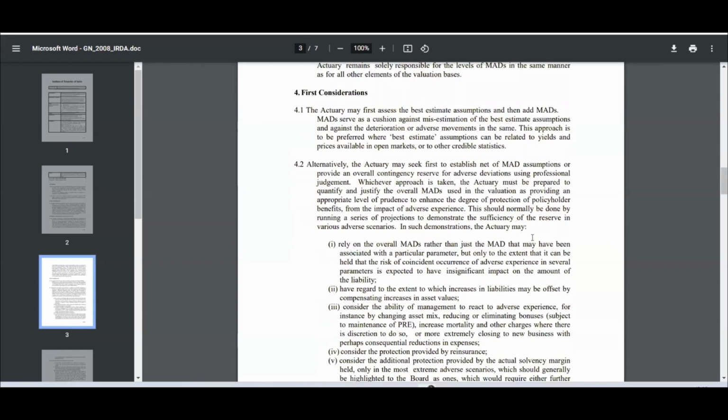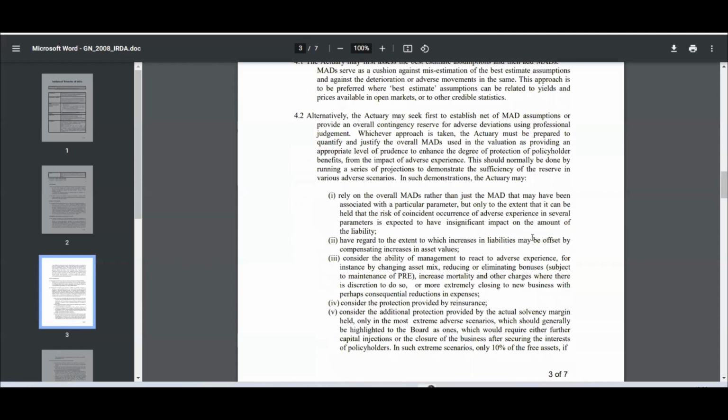First, the actuary might consider relying on the overall MADs rather than a particular MAD associated with each parameter, provided it can be established that the impact on the liability because of a coincident occurrence of the adverse situations is insignificant. Like if all the parameters are affected simultaneously, then the increase in liability would not be that significant. However, if all the parameters are simultaneously impacted and the increase in liability is significant, then the actuary cannot use this.